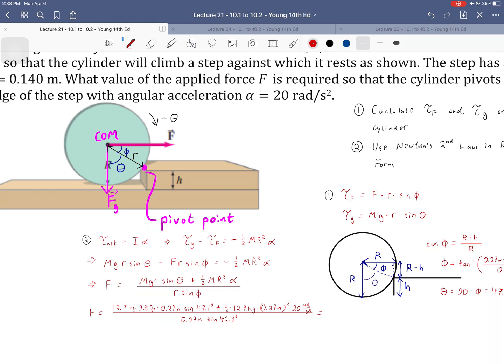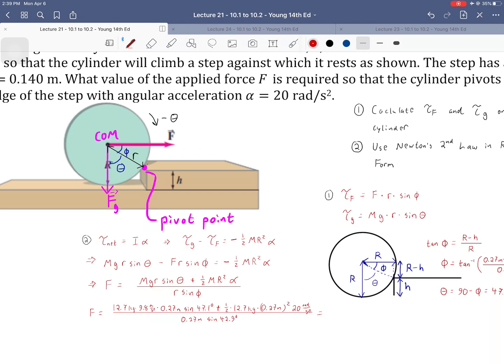Let's go ahead and recalculate this real fast with the correct sign. All right, so 12.7 times 9.8 times 0.27, all right, times sine of 47.1.